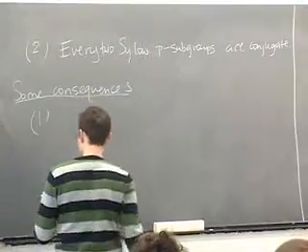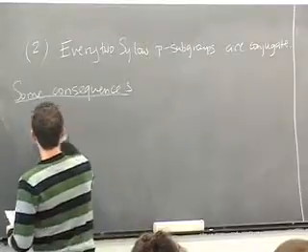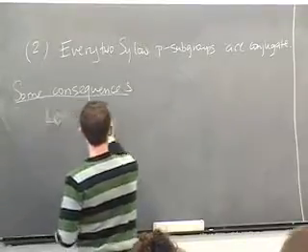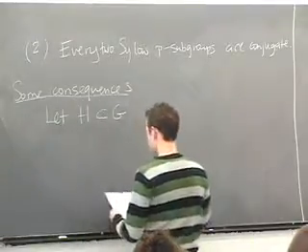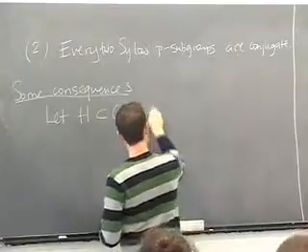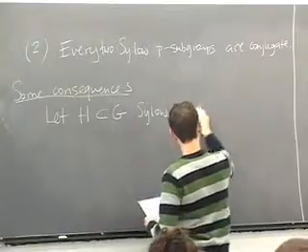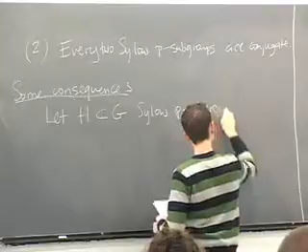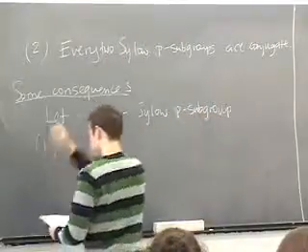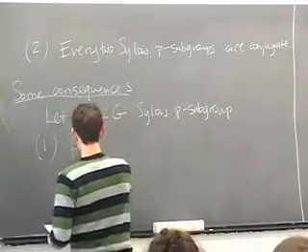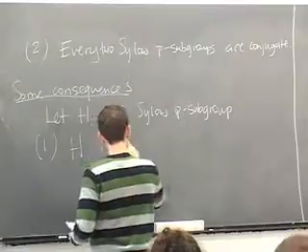First one I'll mention, with the hypothesis that I have some Sylow p subgroup H, is a condition for normality.